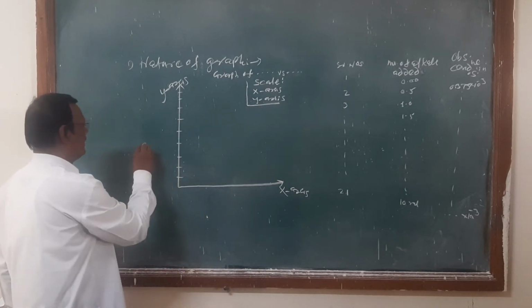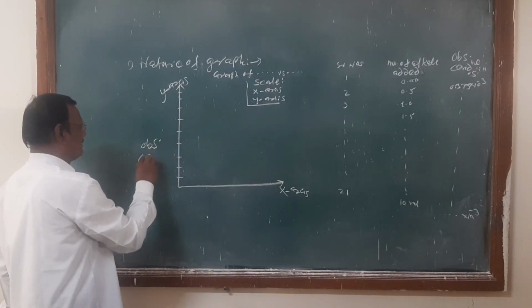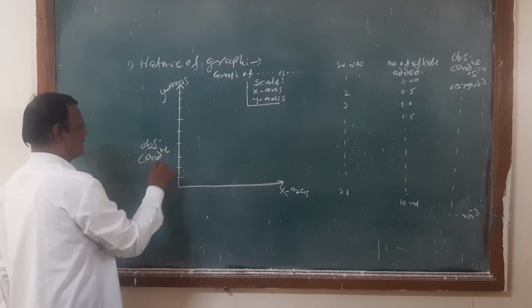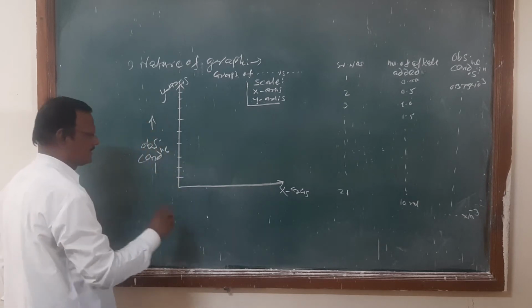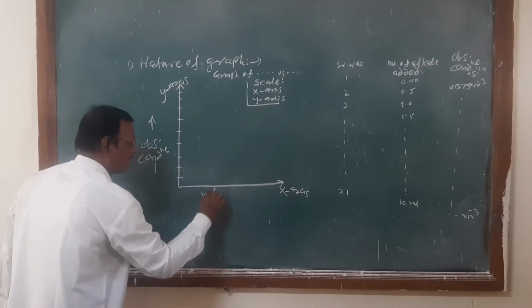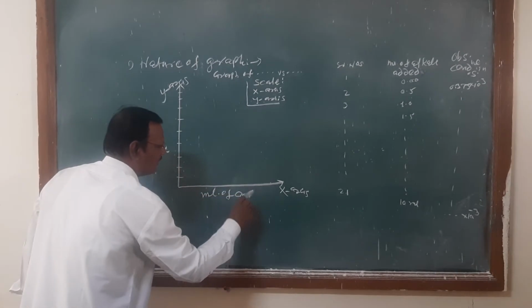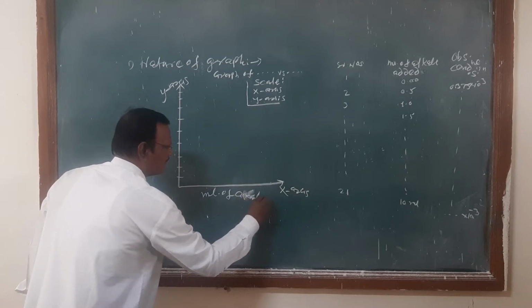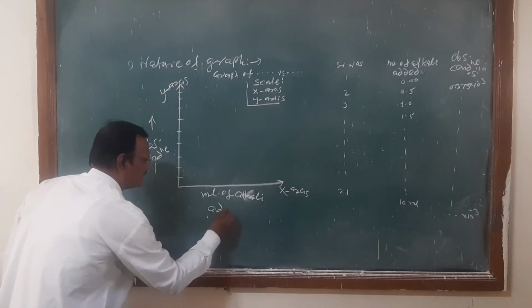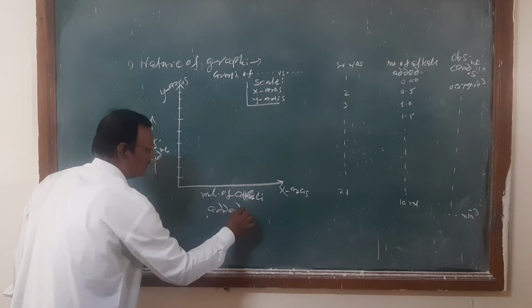And then we have to write observed conductance on the y-axis, and for the x-axis, ml of alkali added.